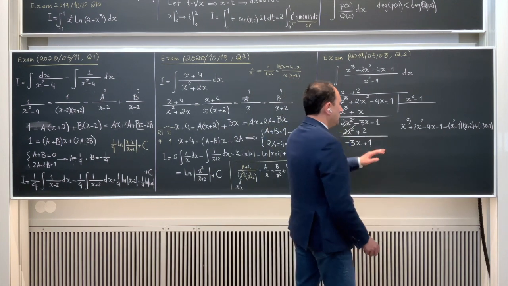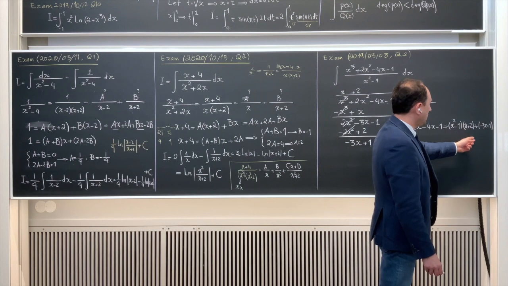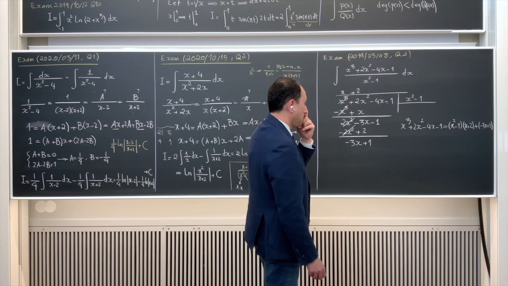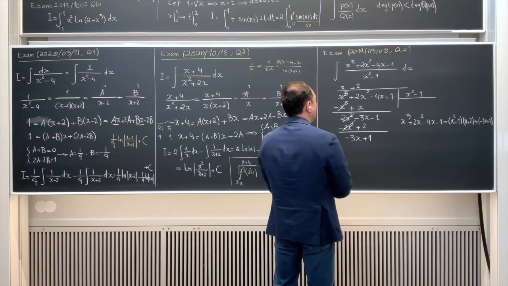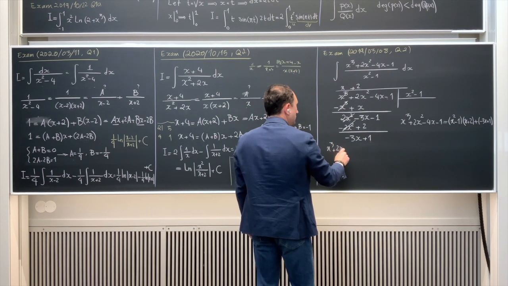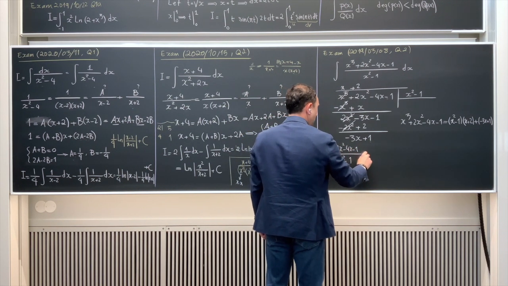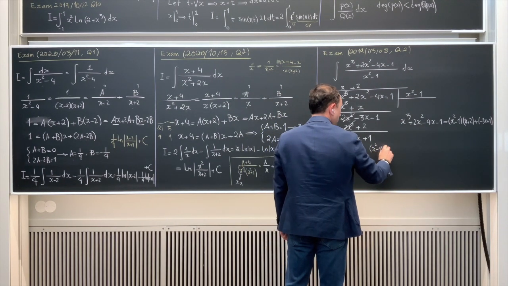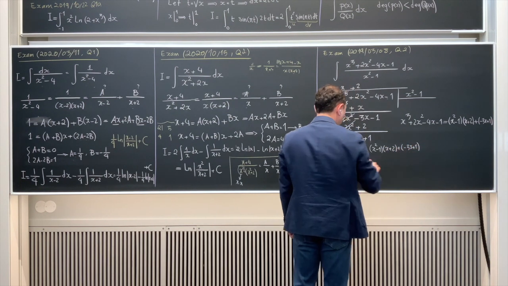You can just remind yourself of this if you forget. Okay, so now what does it mean? If you want to test it, how do you test it? You multiply these two and add them here. So definitely you will get that expression if I haven't done something wrong. But what is the benefit of doing this when it comes to this integral? Because now this fraction, x to the power of 3 plus 2x squared minus 4x minus 1 divided by x squared minus 1, can be written with that expression in the numerator, divided by this.